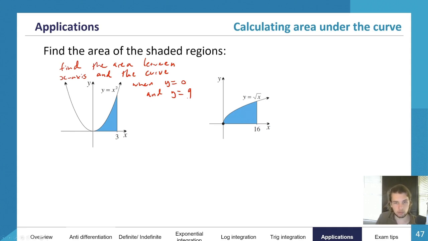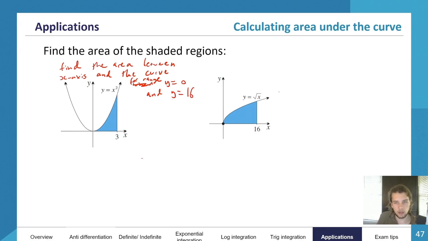Oh, that's too similar to our current question. Let's say 16. So if it told us this, find the area between the x-axis and the curve when y is equal to 16 and, for the range, I should say, for range y is equal to 16 and y is equal to 0.